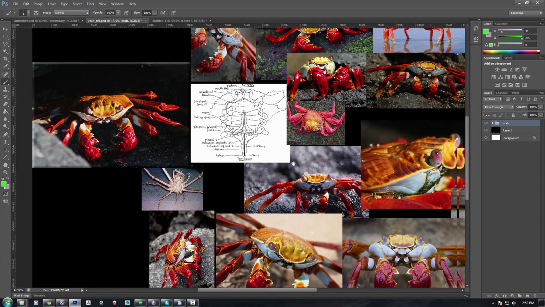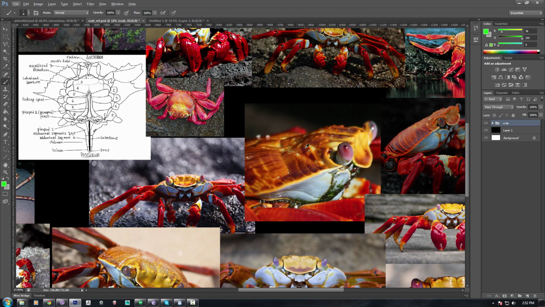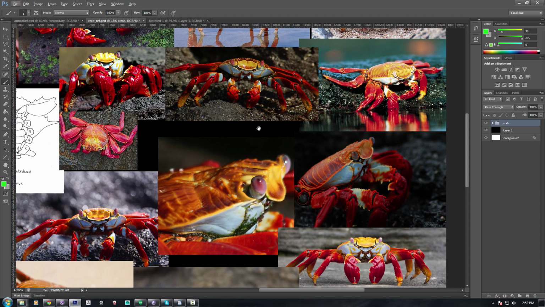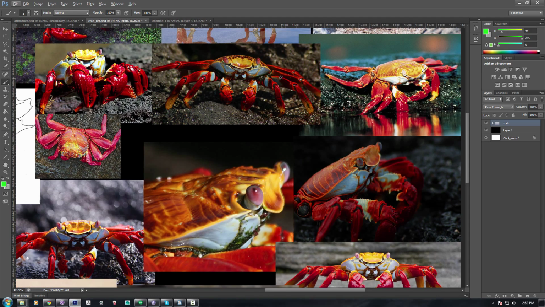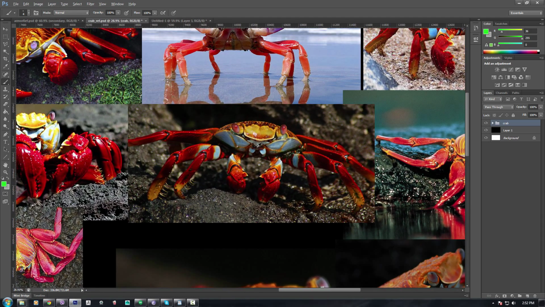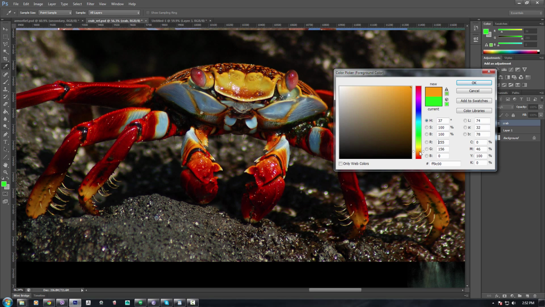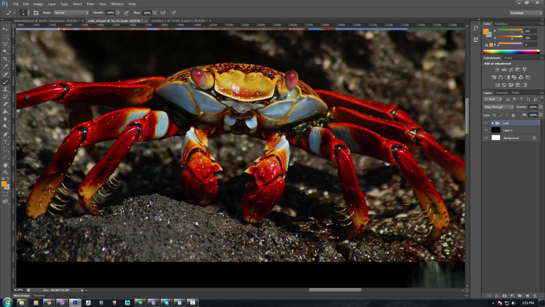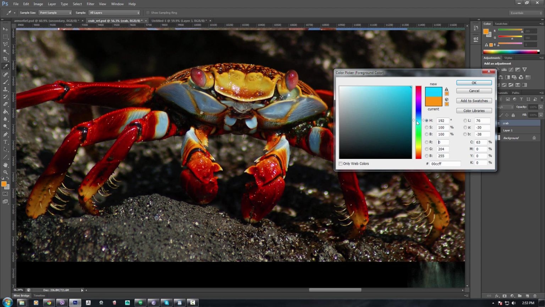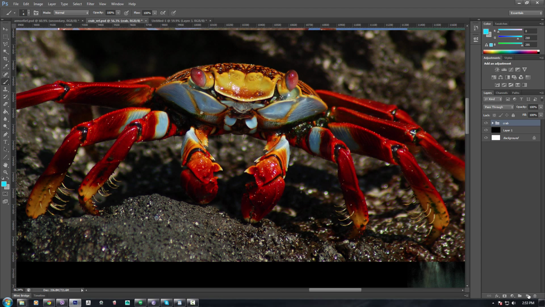Here are some more crab references I collected, because the armor almost looks like it's made up of crabs and crab shell and an oyster-like surface. And wherever you look, you'll find the same pattern. So here's the primary form, which is the outline.